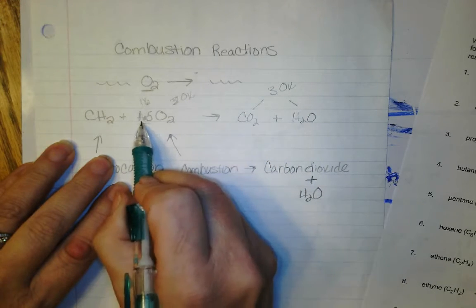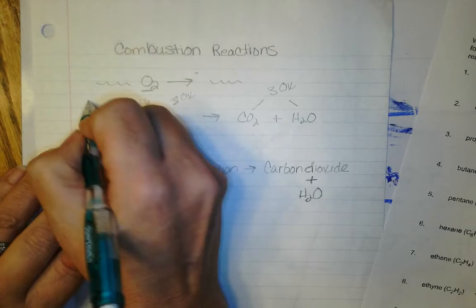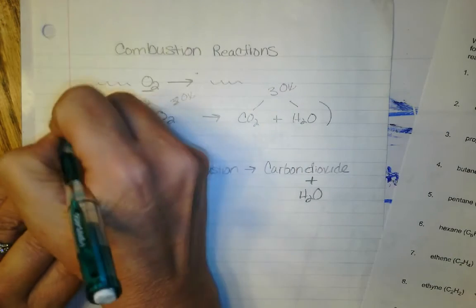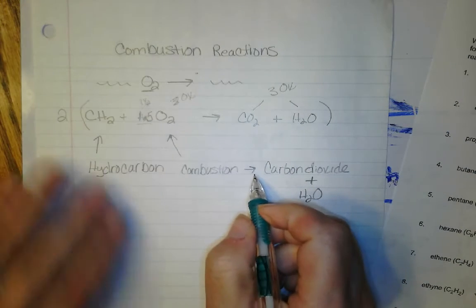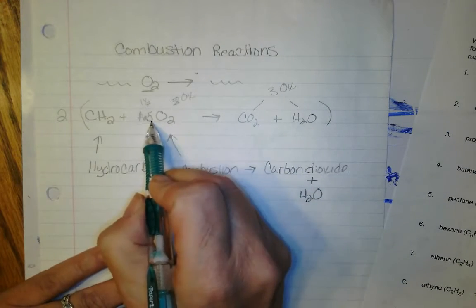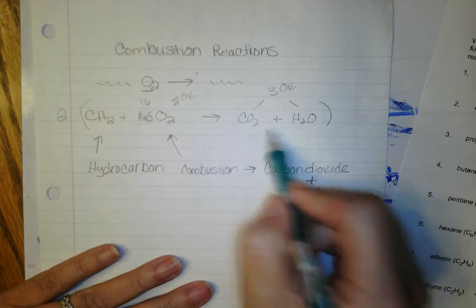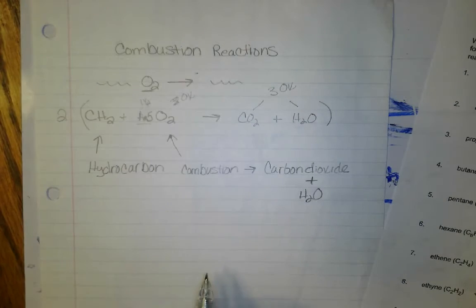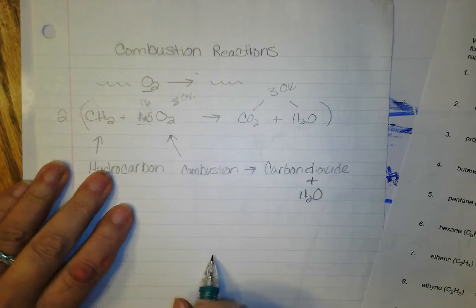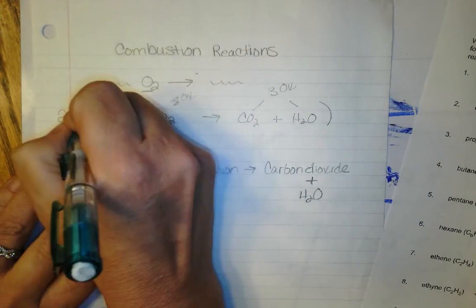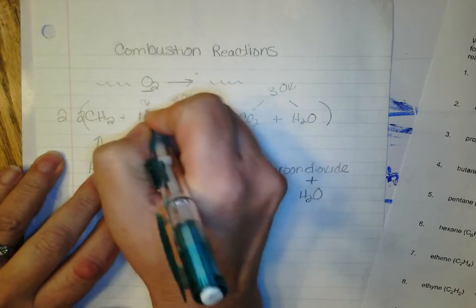So in order to get rid of our halfsies, we multiply everything in this entire reaction by 2. And this is why, if I only multiply this by 2, I have 6 oxygens, but I only have 3 here and it won't balance. If I raise everything by the same number, my reaction stays balanced. So now I'm going to have 2 of those, okay?